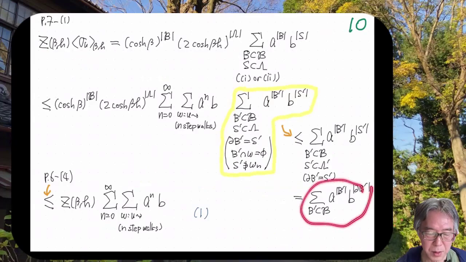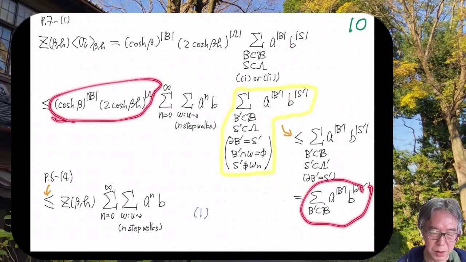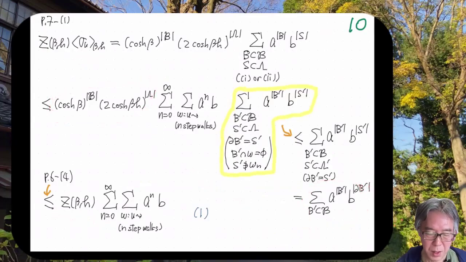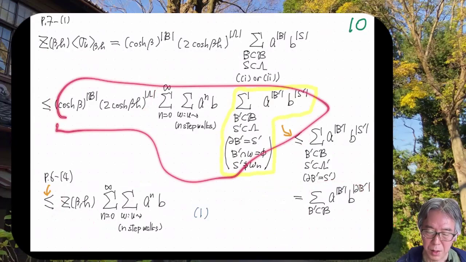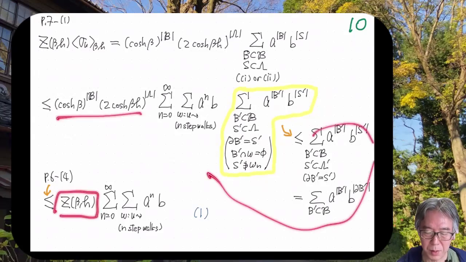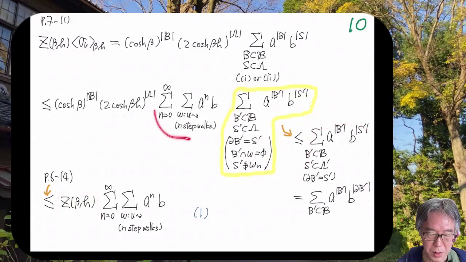So this part and this part exactly give the partition function. So this inequality comes here. We see that by forgetting about this condition, this whole thing is upper bounded by Z. All of this became Z times this part.